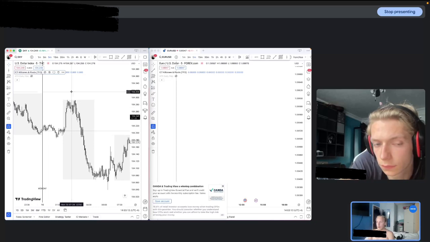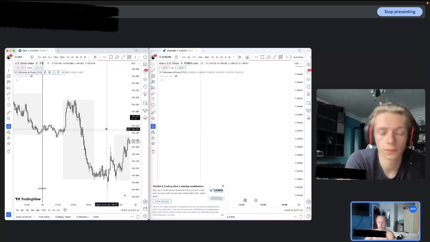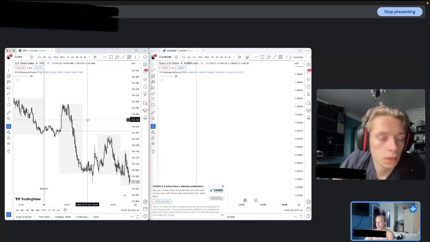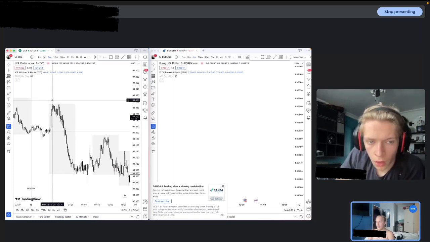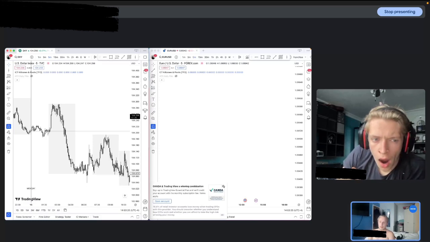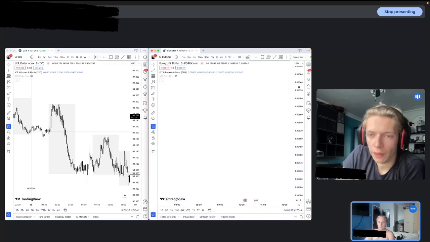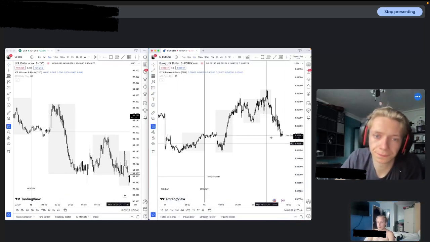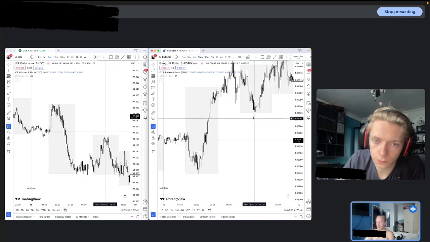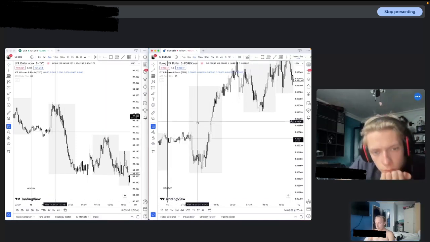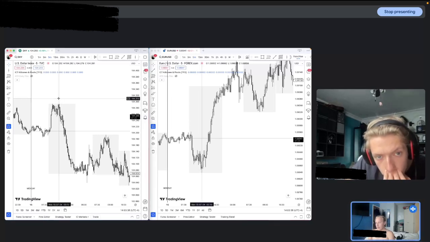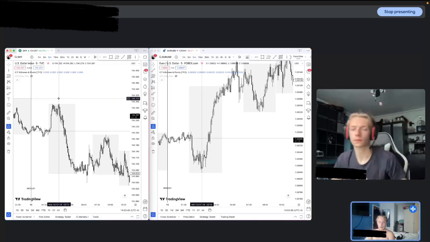Yeah, so open, high, low, close. If we know the dollar has made a high above the open, anything against the dollar is going to be below it. Exactly. It's going to be inversed. So we can then look at SMTs and things like that. When the dollar makes high of day, we can see on the right, Euro USD makes low of day.